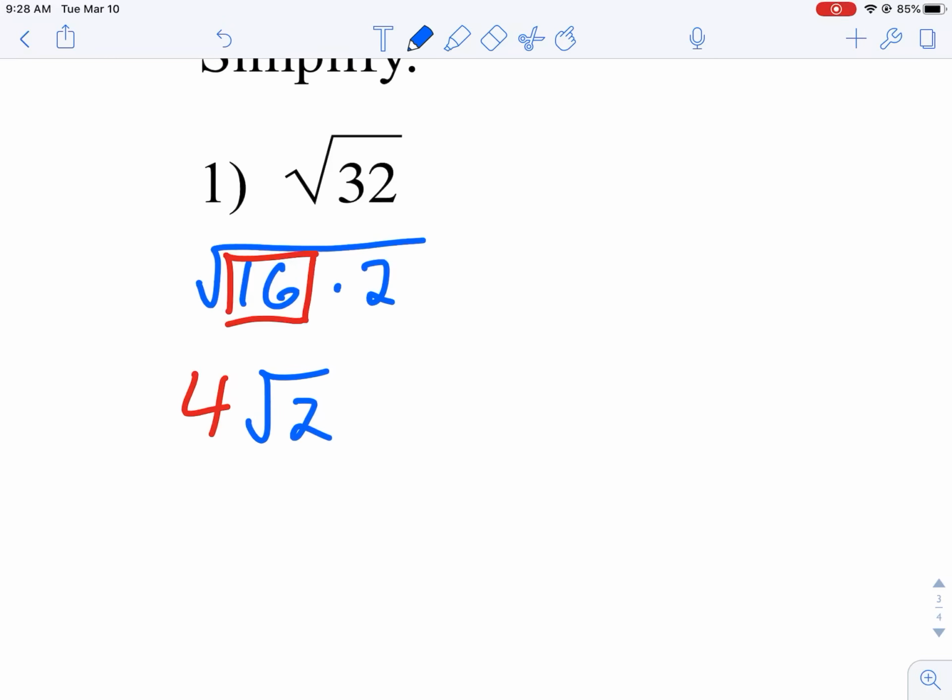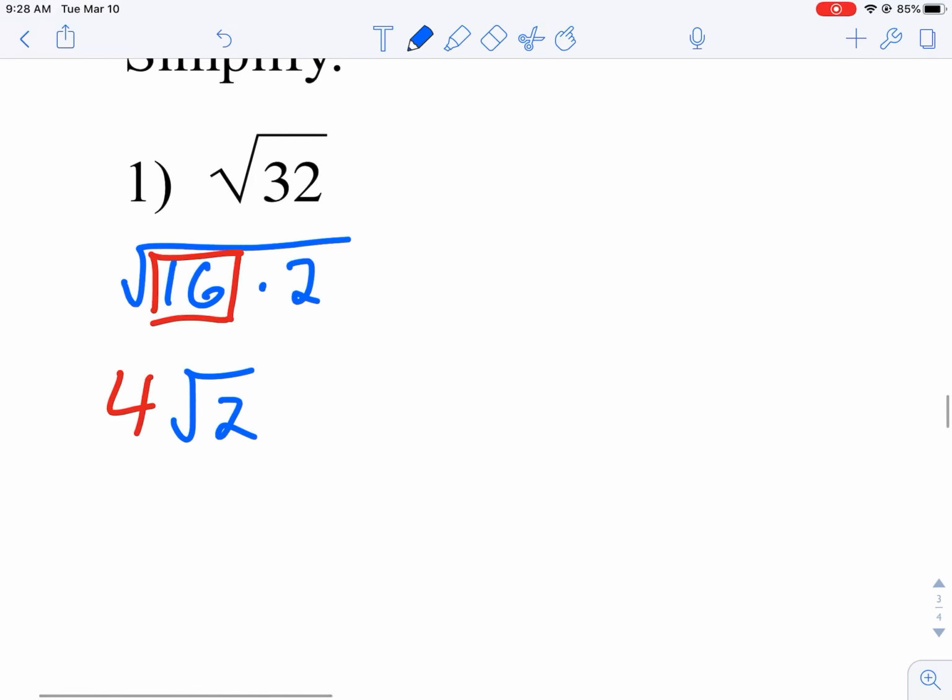Now, let's say, for example, that you didn't pick 16 right off the bat. You're like, well, I know 32 can be made by, I don't know, let's say you said that it was 8 and 4. So 8 times 4. You're like, well, I know 4 is a perfect square, but 8 is not.